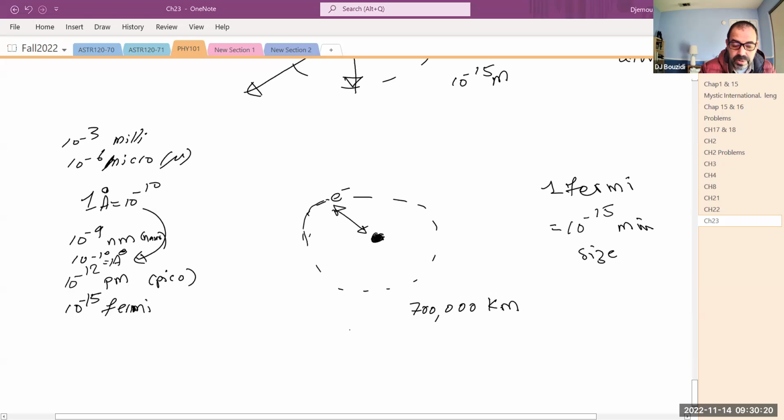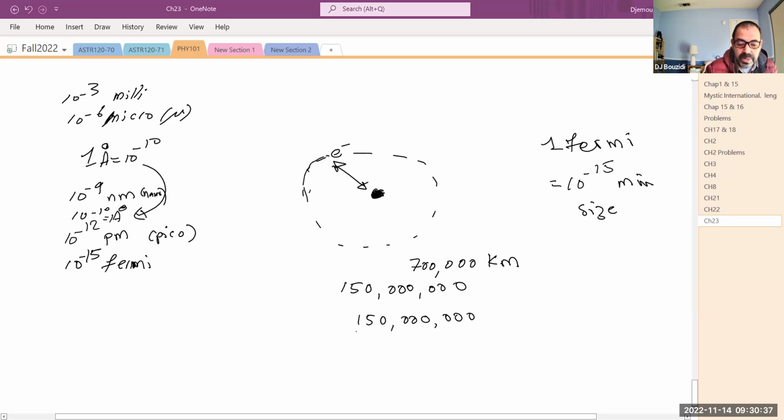The distance from the Earth to the sun is 150 million kilometers. So if you take 150 million and you divide it by 700,000, just to give you an idea to see if the picture of the solar system will fit in this model. Namely, if I put the sun instead of the nucleus, where would the Earth be? That's the question that I'm trying to understand.